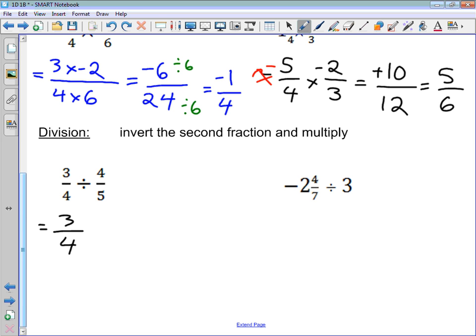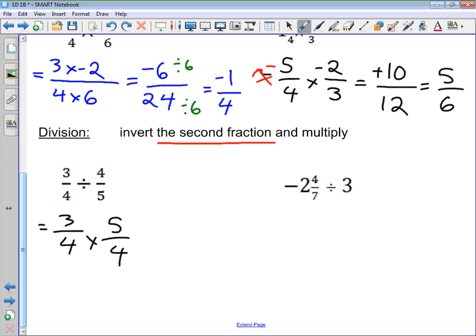Exactly. We just want to invert the second fraction, the one that we're dividing by. So we're going to take 4 over 5 and turn it into 5 over 4. And instead of dividing, we're going to multiply. And then we multiply just like we did in the previous step.